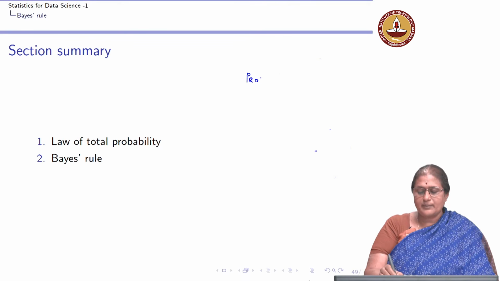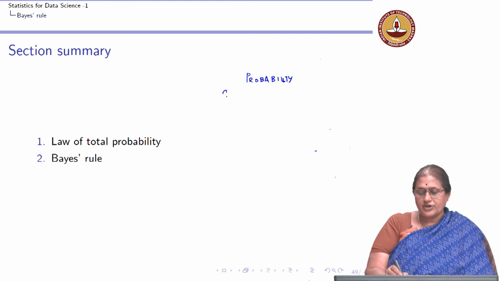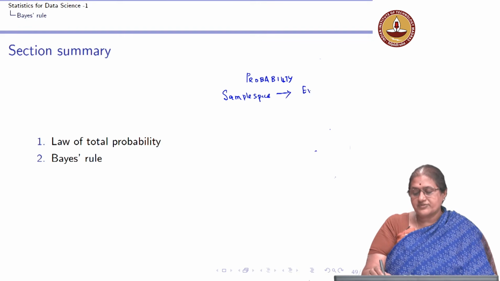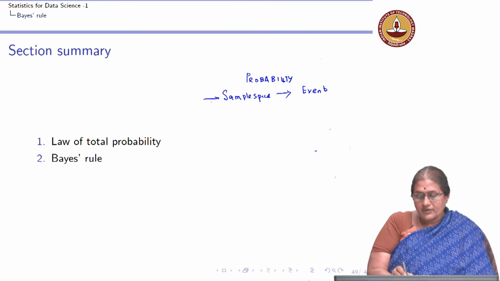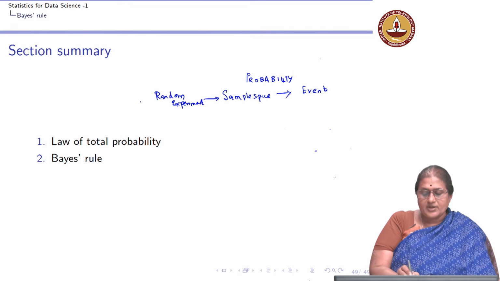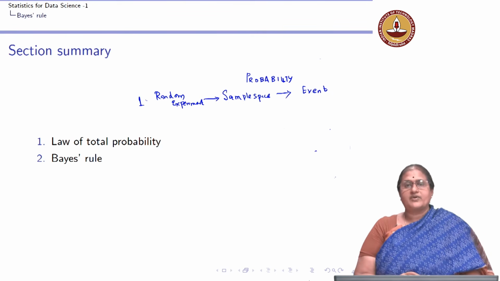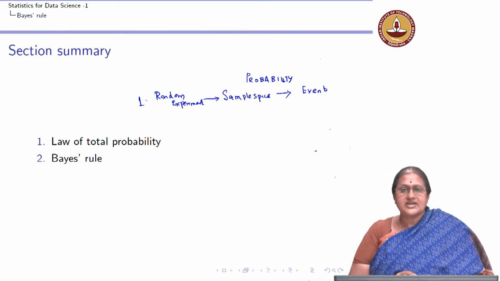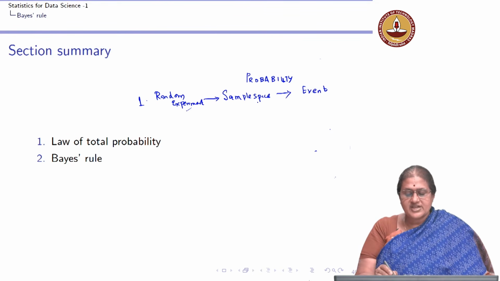So, with this we come to the end of the introduction module of probability, where we first started with the building blocks of probability. We introduced the concept of a sample space. Once we introduced the concept of a sample space, we spoke of what was an event. Even before the concept of a sample space, we discussed what was a random experiment. So, whenever we are talking about a probabilistic scenario, we first identify the experiment, the sample space and the events.